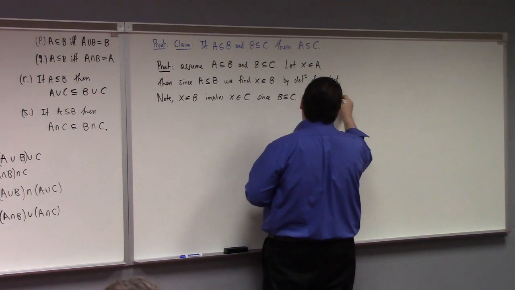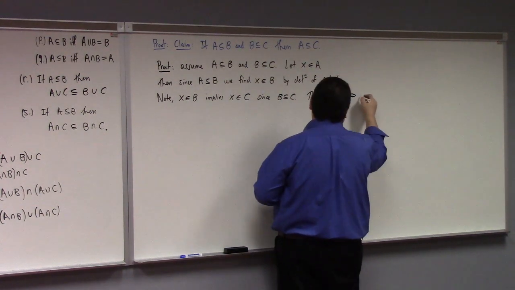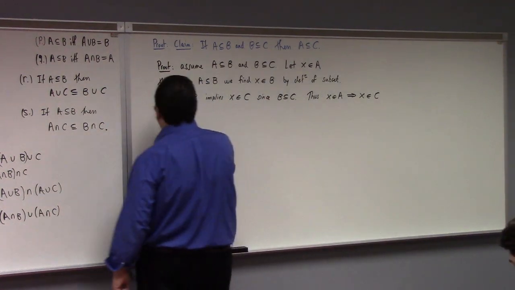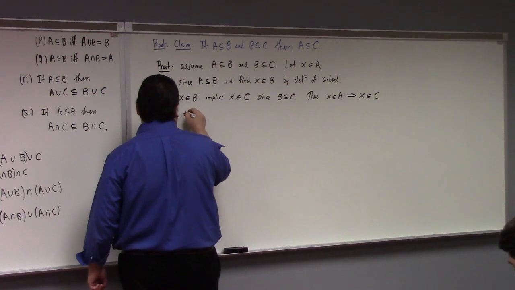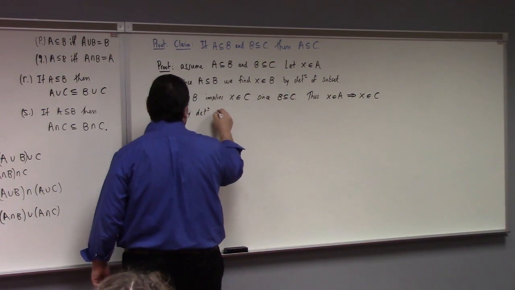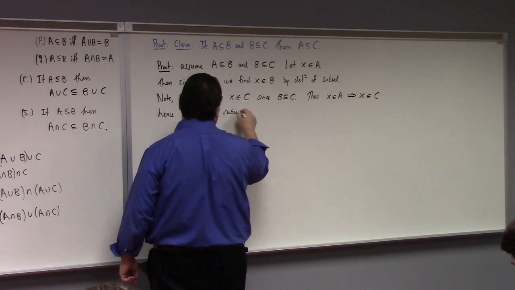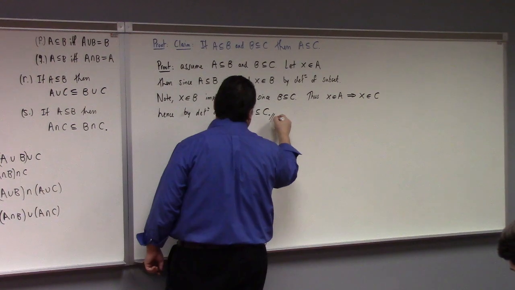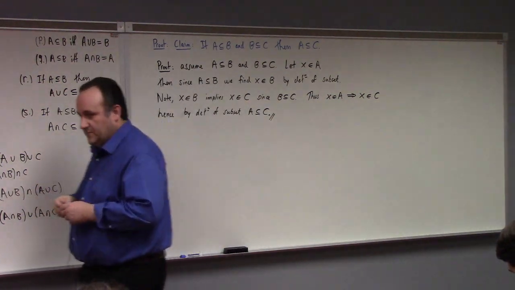Thus X an element of A implies X an element of C. Hence, by definition of subset, A is a subset of C. There we go. That's how that goes.